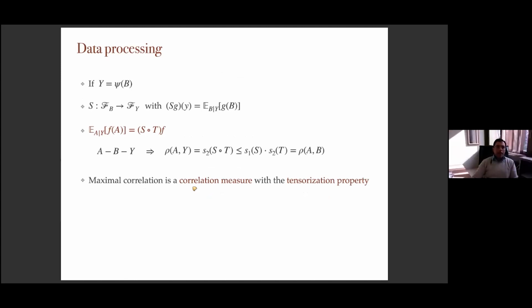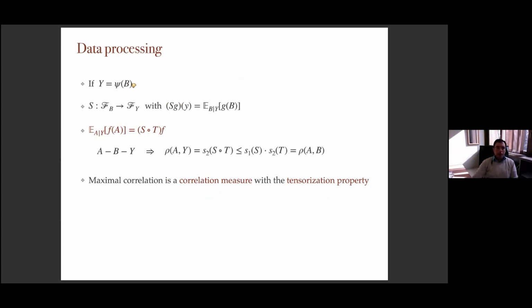So I told you that data processing can be proved using just the definition of the maximal correlation, but you can also prove it using this characterization of maximal correlation in terms of the second singular value.